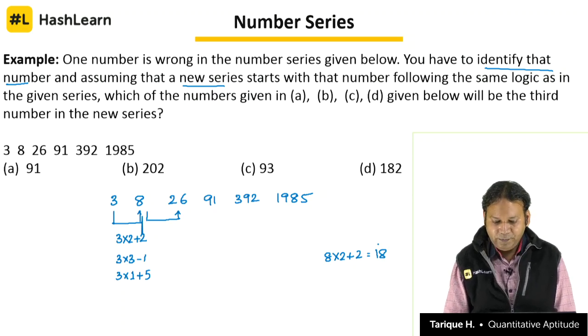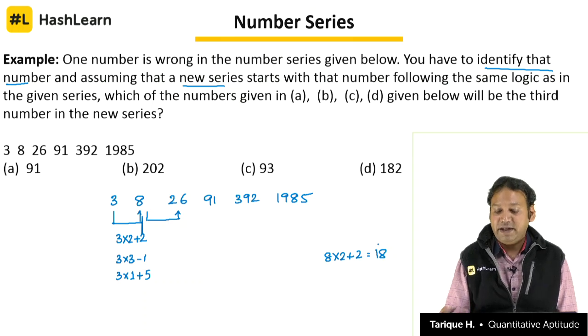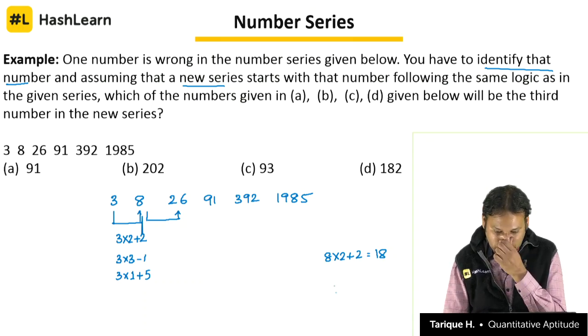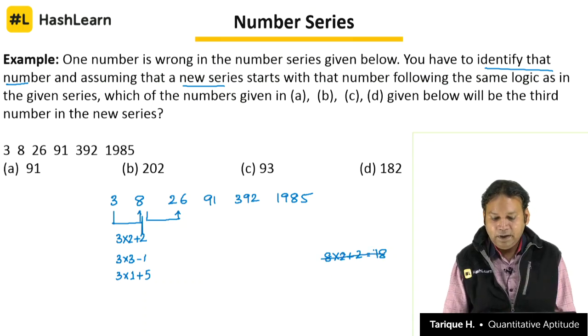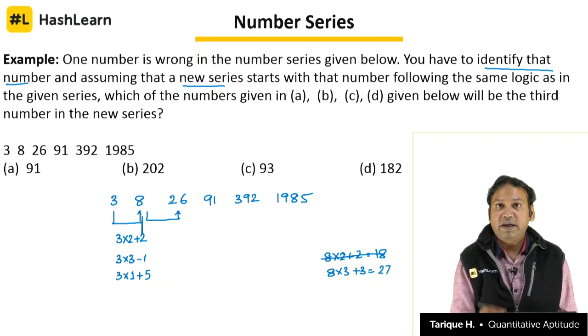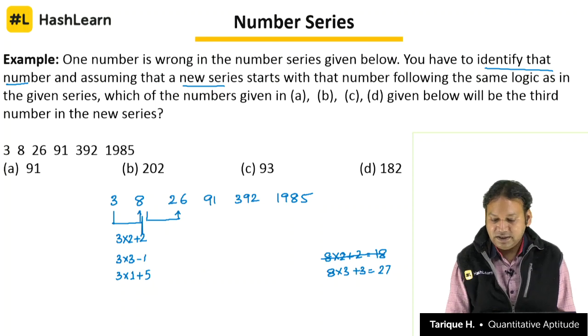No, because if you do the same thing with 18 and 91, you are not going to get 91. So that's not a constant thing. If I do into 3 plus 3, 8 into 3 is 24, 24 plus 3 is 27. That looks very close to the answer. It looks like 26 is the wrong number.